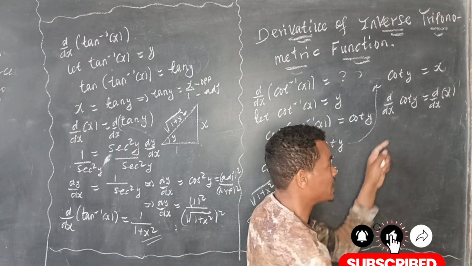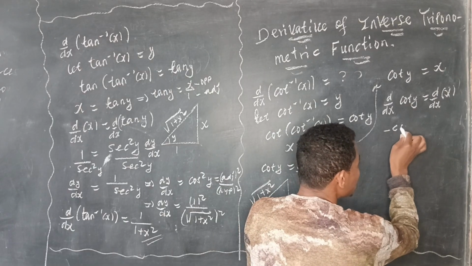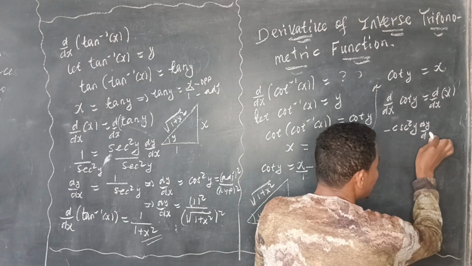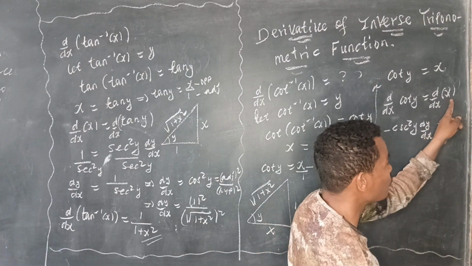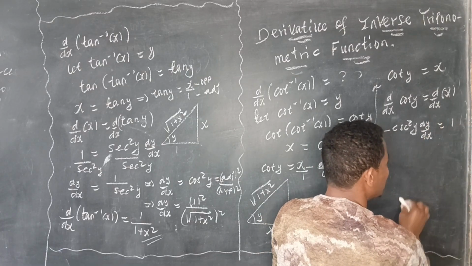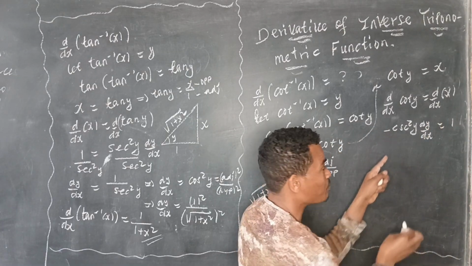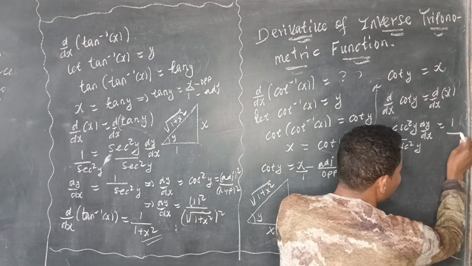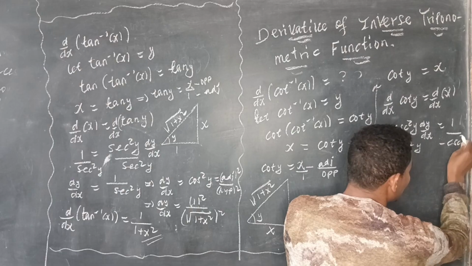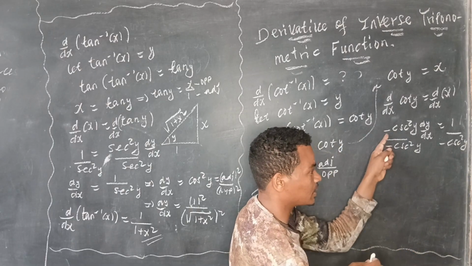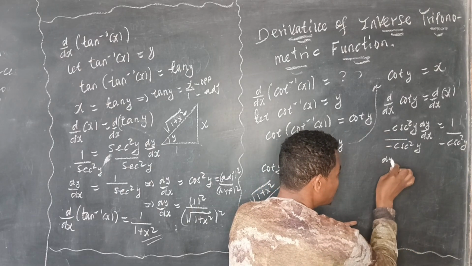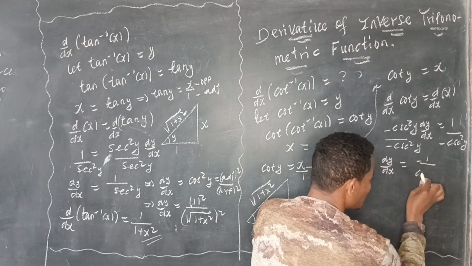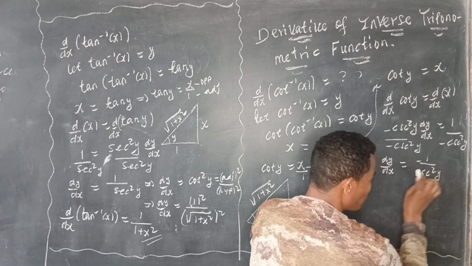Derivative of cot y is minus cosec square y dy by dx, is equal to derivative of x with respect to x, which is 1. So both sides divide by minus cosec square y; this one is cancelled. Dy by dx is equal to minus 1 over cosec square y.